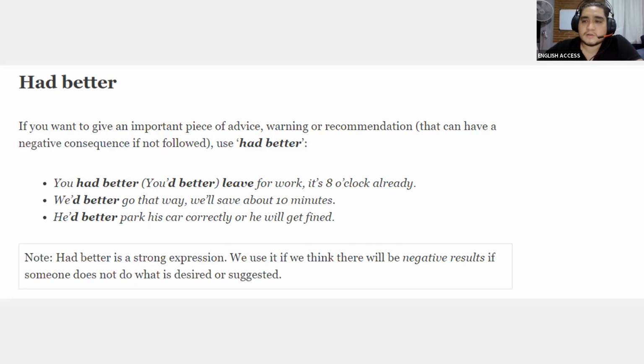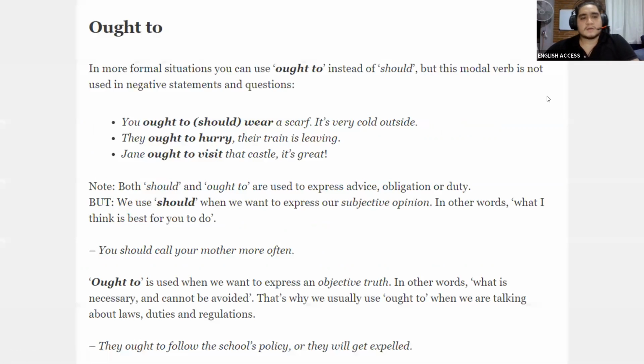Now ought to is for things that are more objective, let's say. Something that no matter what you feel or what you think is going to happen, if you don't follow this recommendation, suggestion or advice.